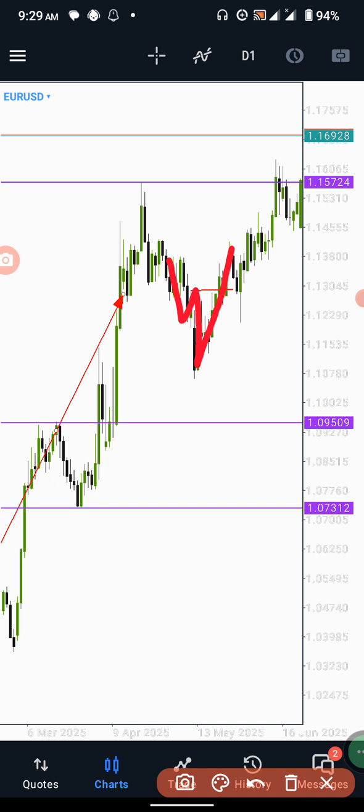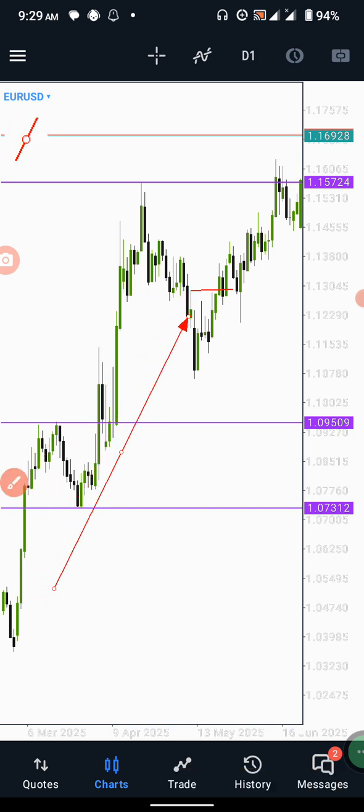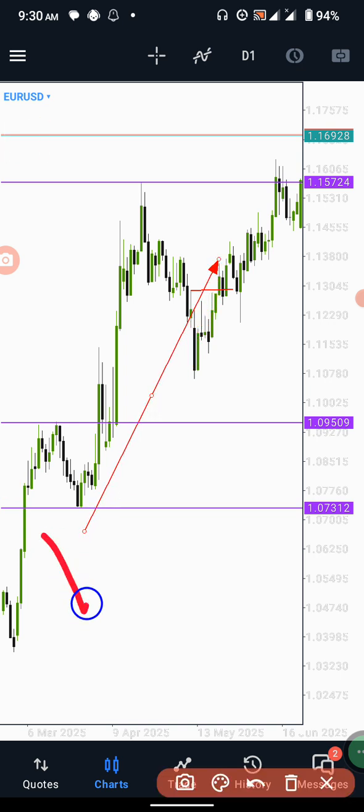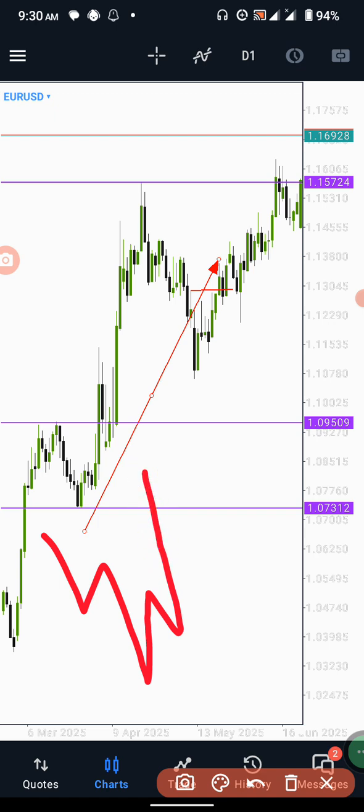Which inside formation? Okay, let me first remove this. The market made this low, this high, this lower low, and the market made this inside formation before shifting. That is the inside formation I mean. The market normally makes that one, then it shifts.